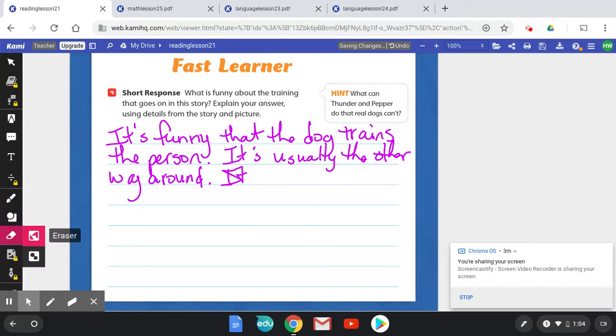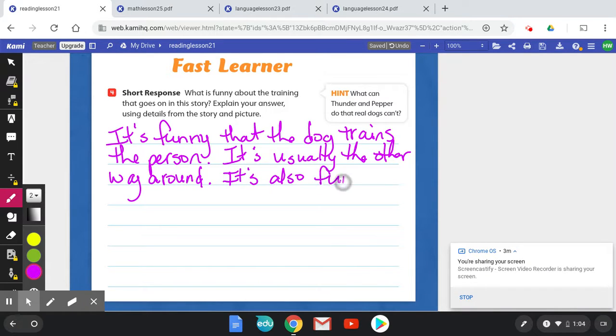Ooh, that really is messed up. It's also funny that Thunder actually reads a book on training a person.